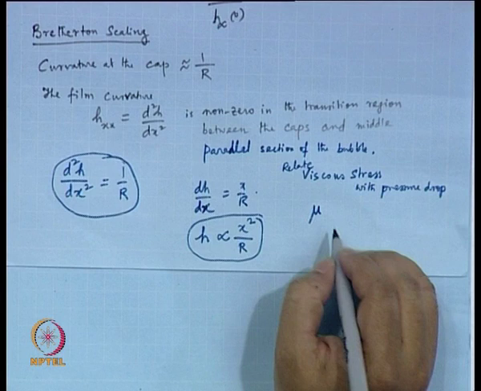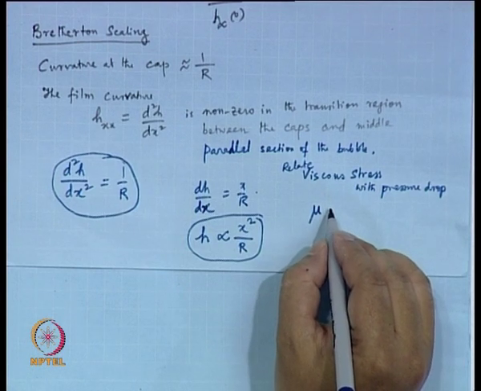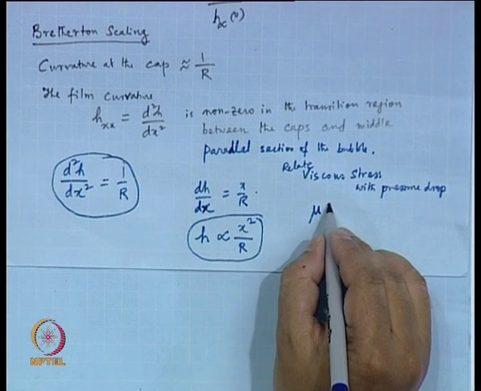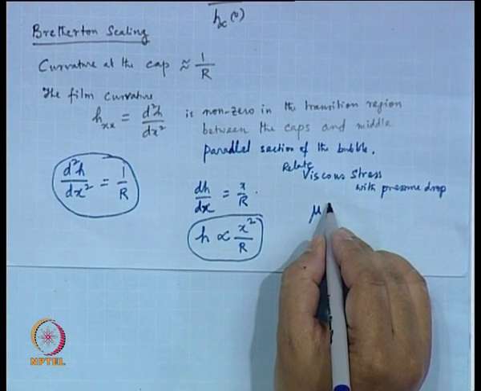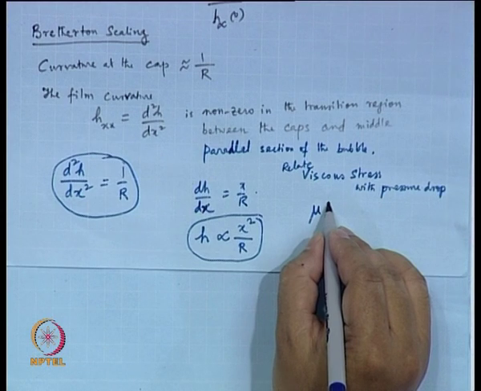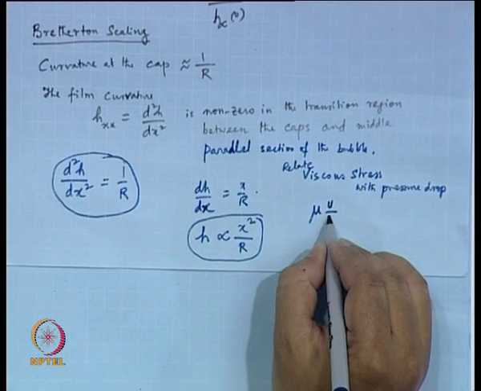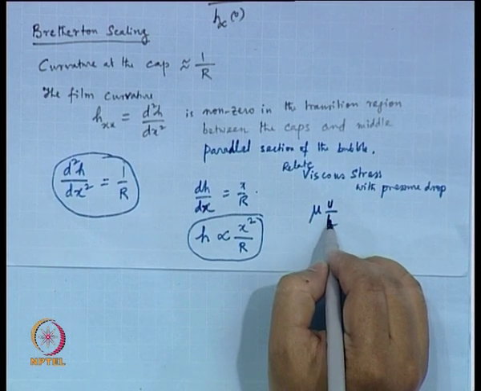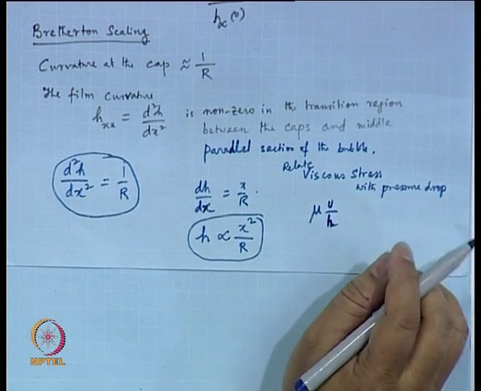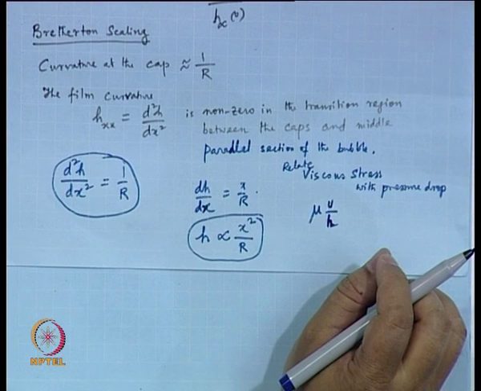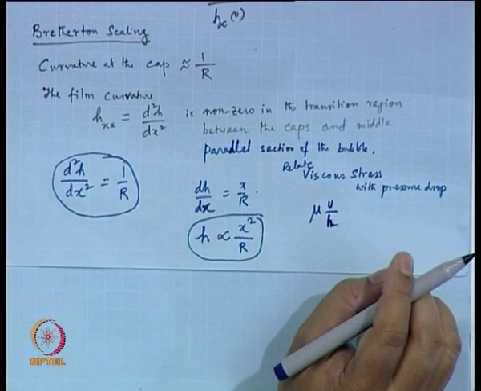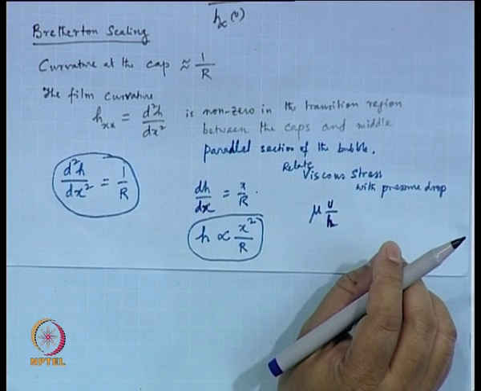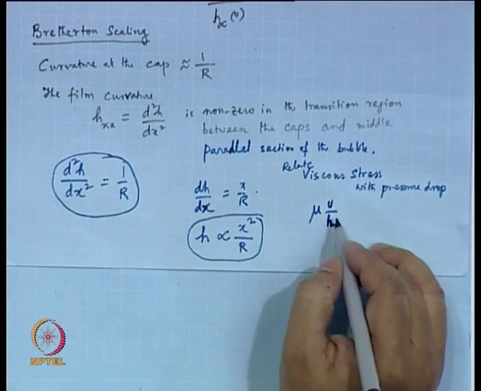I write this du/dy as u divided by h, because at y equal to 0 the velocity is 0, and at y equal to h the velocity is u.